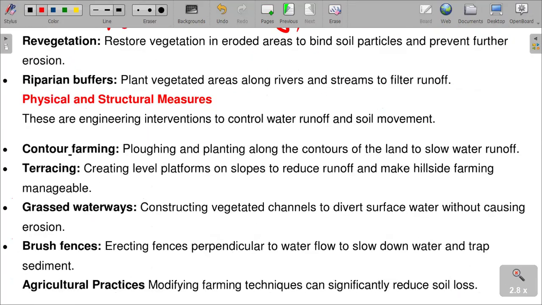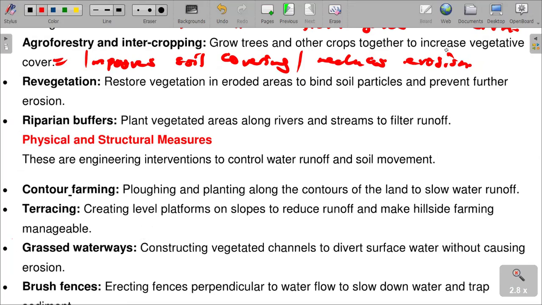And then revegetation. We talk about afforestation, revegetation. This has to do with restoring vegetation in eroded areas in order to bind soil particles and prevent further erosion. For example, gully reclamation, where people are re-establishing vegetation in areas where erosion is taking place.